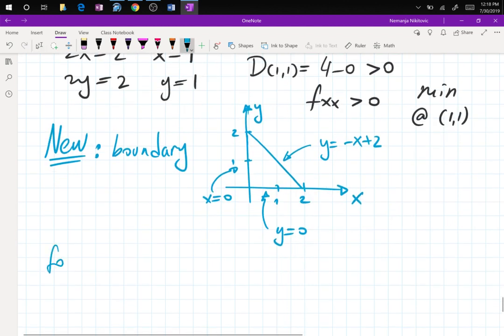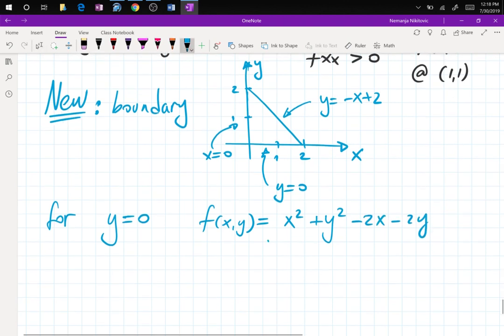So, for y equal to 0, we have our f(x,y), which was x squared plus y squared minus 2x minus 2y.